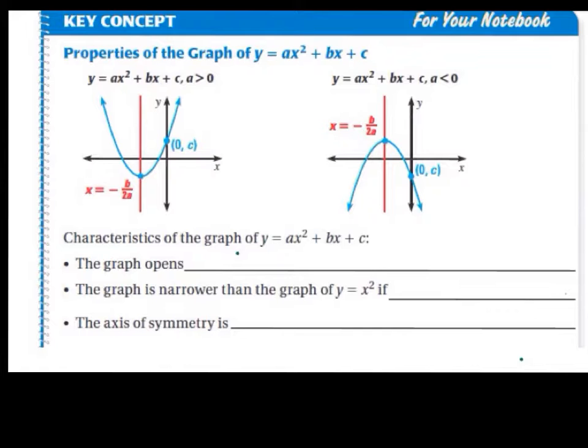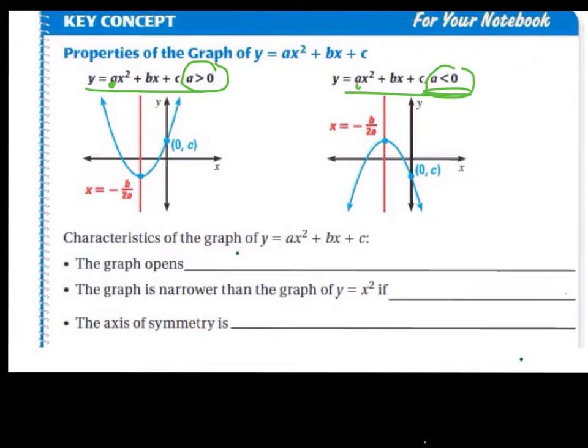Now, if you notice, the only difference between each equation on the left and right is this part right here, what your a value is. So on that left-hand side, for your parabola that's facing up, this a value has to be greater than 0. It must be positive.